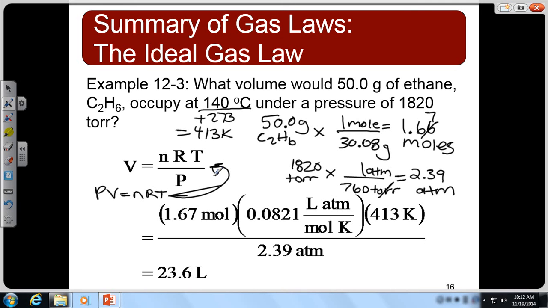The reason your units have to be the same, so watch here: moles cancel, Kelvin cancel, ATM cancel. So what are you left with? Liters, which is what you're trying to find. Your answer is going to be in liters, not milliliters, because your units here are set up to give you liters.